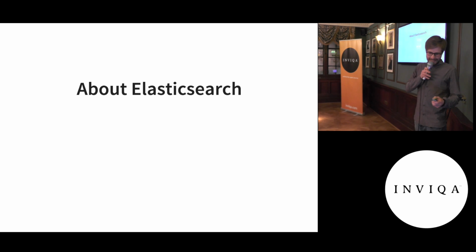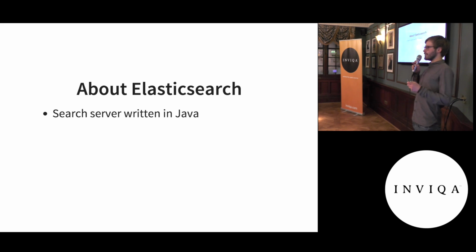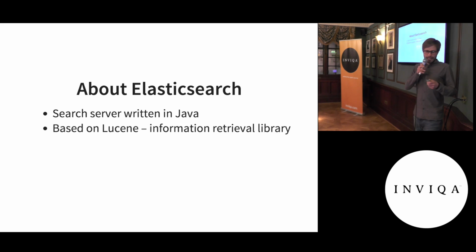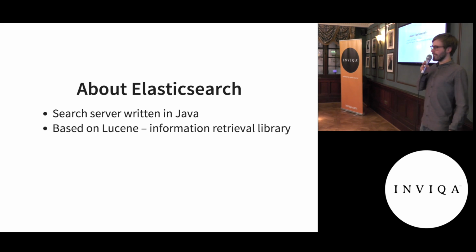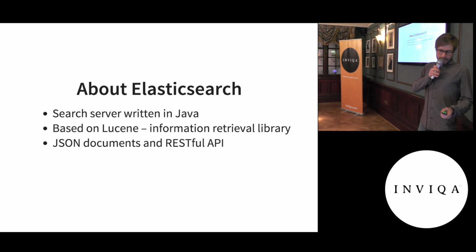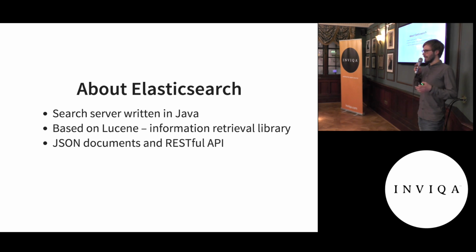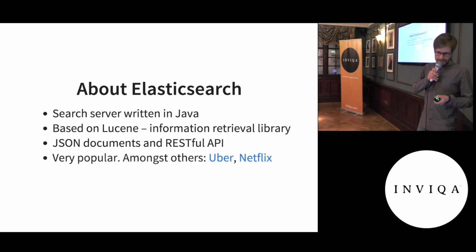More to that later. A few words about Elasticsearch. It's a search server written in Java. It's based on Lucene, which is an information retrieval library, and it makes the features of Lucene available via a JSON API. Also, the documents are all in JSON, so there's a lot of JSON there, which is nice. At least I thought so.